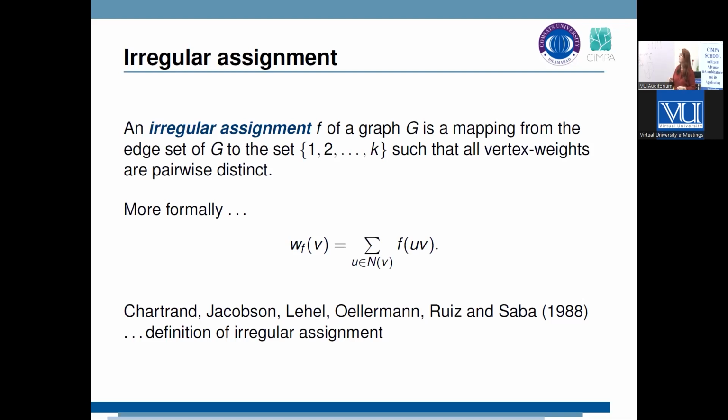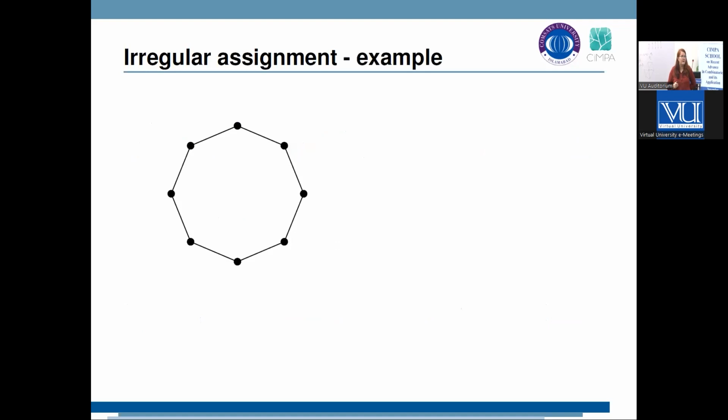So let's try to find an irregular assignment for this cycle. My first question is, what is the smallest possible vertex weight for this cycle? 2. How can we get 2?